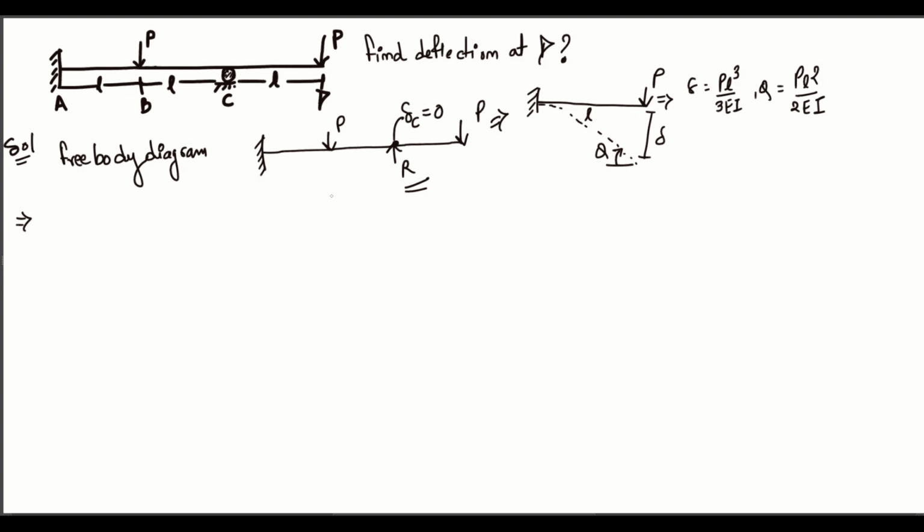Okay guys, so first we determine the deflection at point C. So the deflection at point C comprises of these loads, the load P here, the load P here, and the reaction.